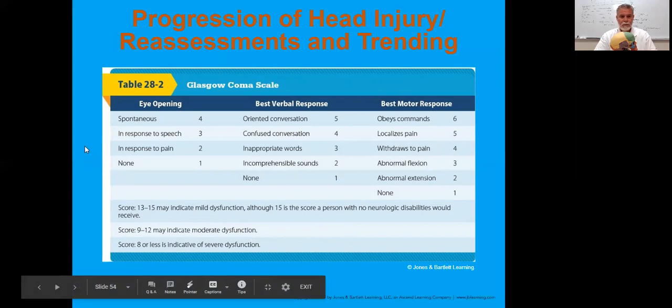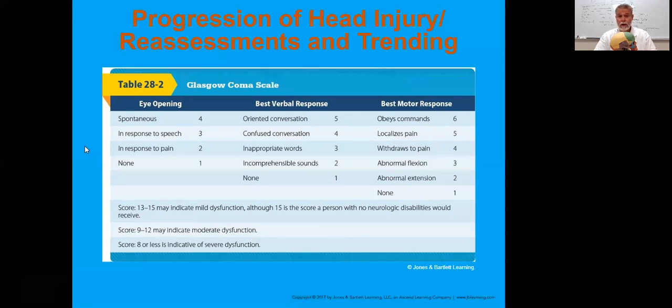So on the Glasgow Coma Scale, and I'm sure these are things you'll have conversations about in class just to clarify, Glasgow was a neurologist, and he came up with this scale that shows how deep someone's neurological injury can actually be.